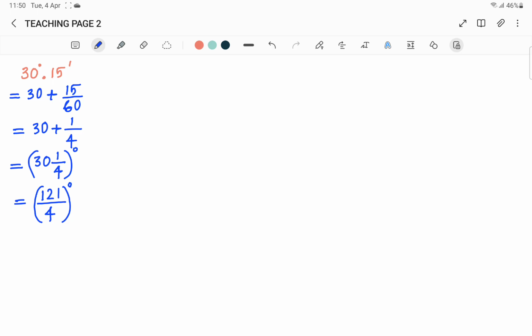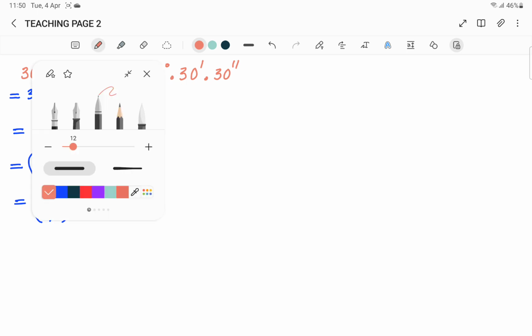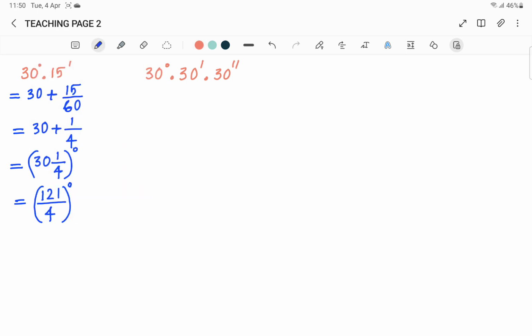Okay, let us take one more example. Suppose you have 30 degrees, 30 minutes, 30 seconds. How do you convert this in terms of degrees? 30 degrees you write as 30, plus 30 minutes you write as 30 by 60, plus 30 seconds you divide by 3600.